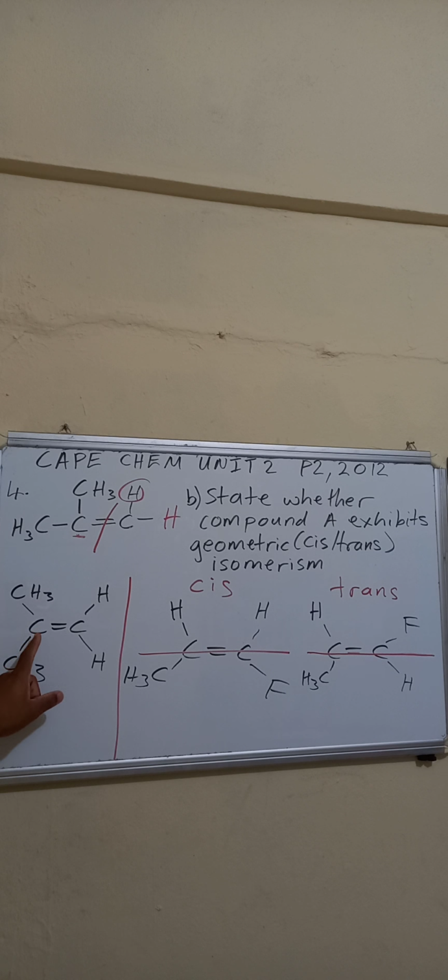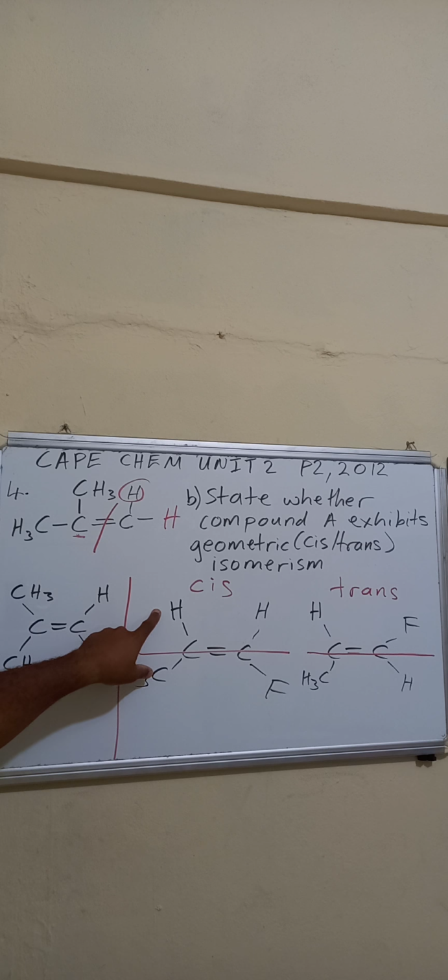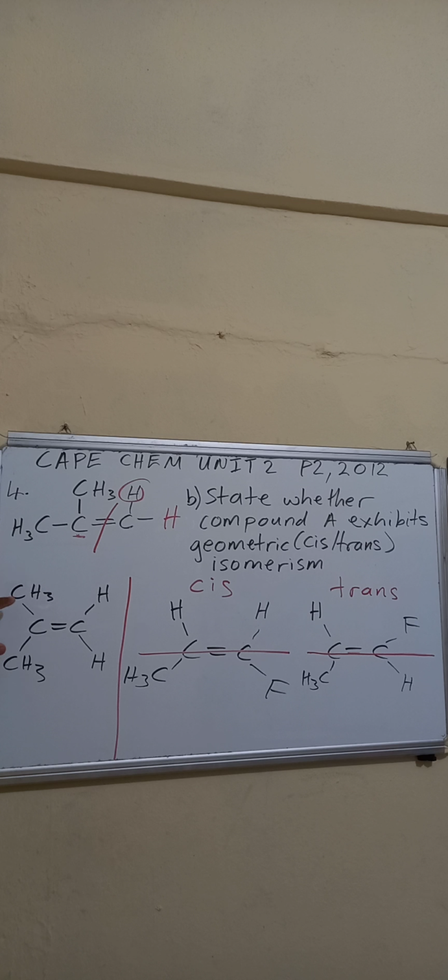If you look, the two carbon atoms, right, this one has two hydrogens, this one has two methyl groups. They don't have any group in common. So if they don't have any group in common, then we cannot have two of the same groups being on the same side and then being on the opposite side. So this cannot exhibit geometric isomerism.